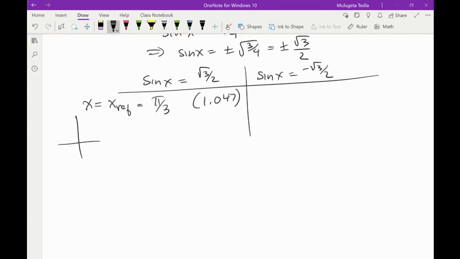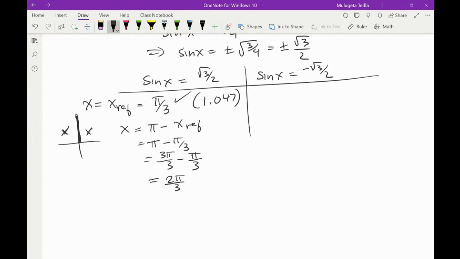So first of all, the sine is positive. Sine is positive on the first quadrant and on the second quadrant because y is positive. The sine function follows y. So this is actually the first quadrant angle. The second quadrant angle is pi minus your reference angle, which is pi minus pi by 3. If you make them the same denominator, 3 pi over 3 minus pi over 3, you get 2 pi over 3.